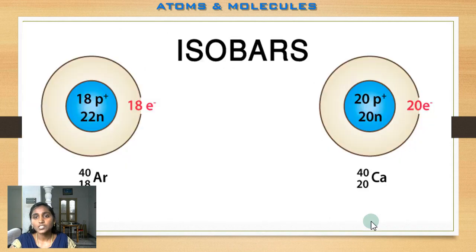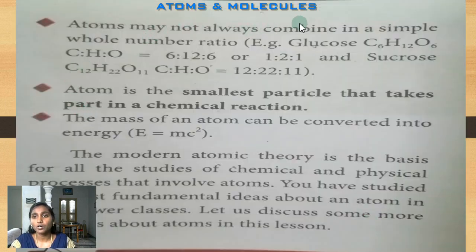So next point. Atoms may not always combine in a simple whole number ratio. That means atoms do not combine in a simple way. Mostly they may be present in a complex structure also. Simple way in the sense, if you take the water formula H2O, its ratio is 1:8. That is a simple ratio, but it may combine with a complex ratio. So atoms may not always combine in a simple whole number ratio.